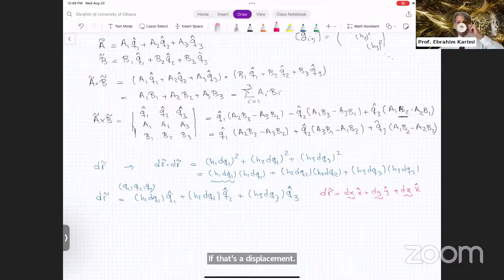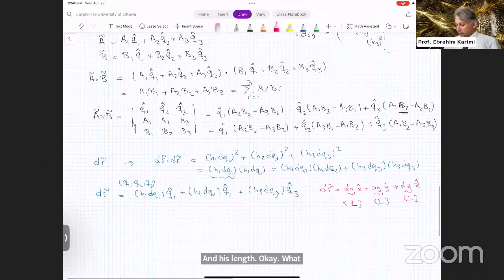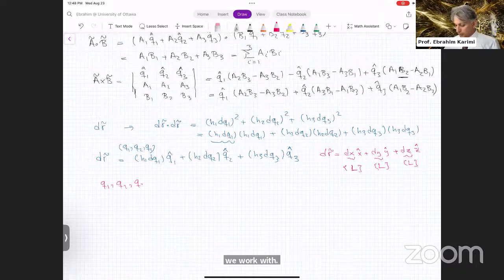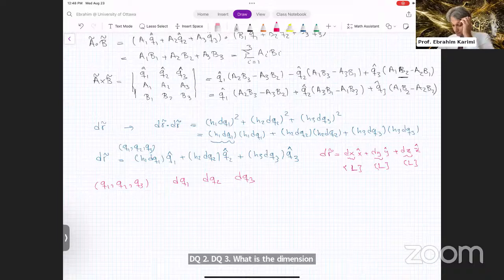The dimension is length, exactly, meter. Now, in the arbitrary coordinates that we work with, Q1, Q2, and Q3, what is the dimension of dQ1, dQ2, dQ3? It can be any arbitrary coordinate.